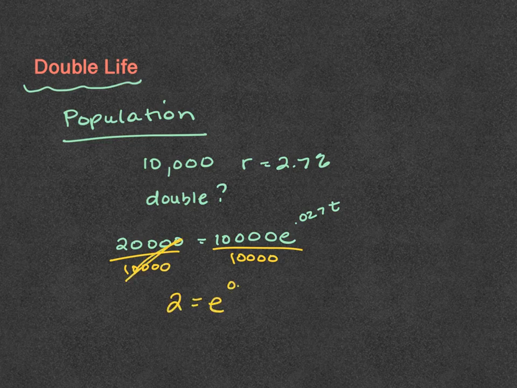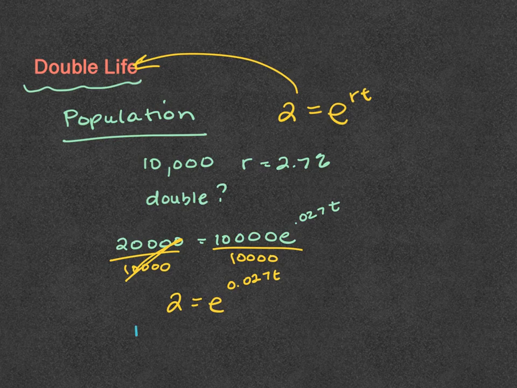So now we can simplify our equation and just say that it's 2 equals e to the rt when we're talking about double life. So now I would either know, like we do this time, the rate, or we would know the time, and then we would solve our equation. So ln of 2 equals ln of e to the 0.027t.